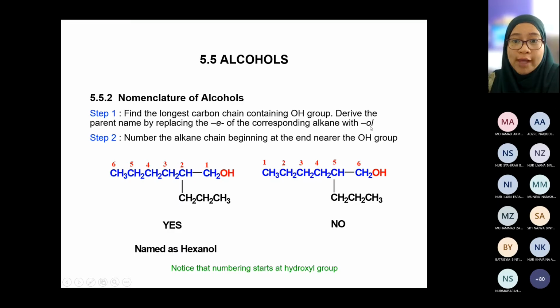It should end with OL, like methanol, propanol, hexanol. So the parent chain should consist of the hydroxyl group. For example, this one. You can identify the continuous parent chain, but it must consist of the hydroxyl group. That is a mandatory requirement. So here, 1, 2, 3, 4, 5, 6.